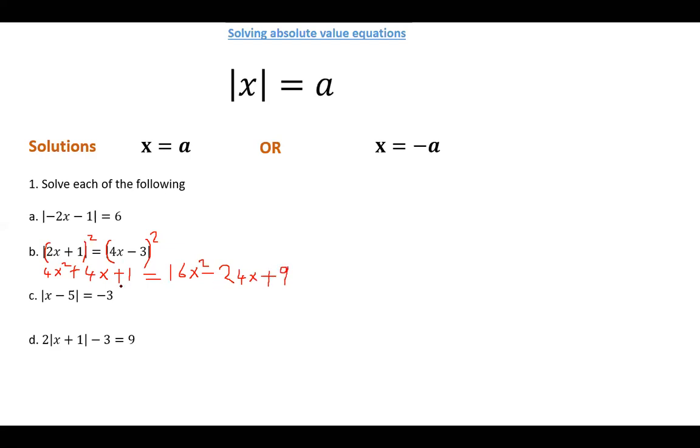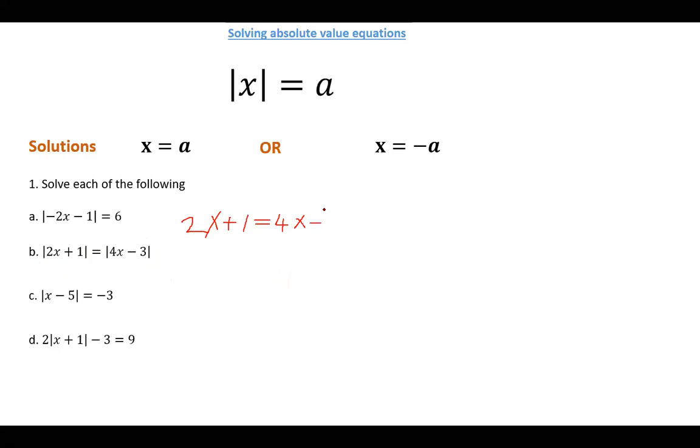So when you solve this equation, you pair the like terms and then you solve the quadratic equation. The answers that you are going to get are the actual values of x. The other way, which is the simplest way if you don't know how to work out quadratic equations, is to say 2x plus 1 is equal to 4x minus 3.